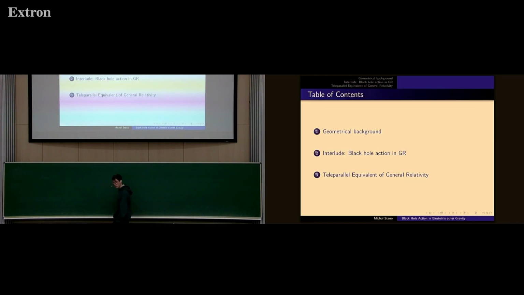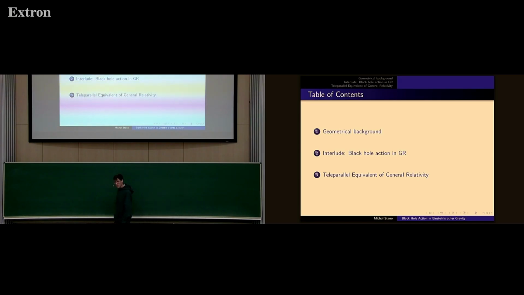Okay, so with regards to the structure of today's talk, I've decided to break it down into three separate parts. In the first part, I will present a basic geometrical background and hopefully also some geometrical intuition that will prove helpful in what's coming next.